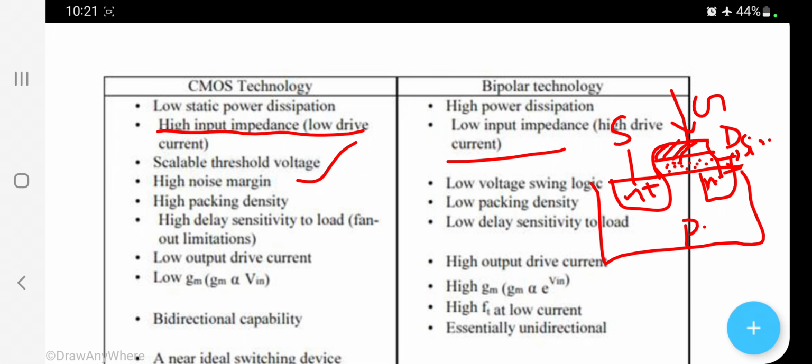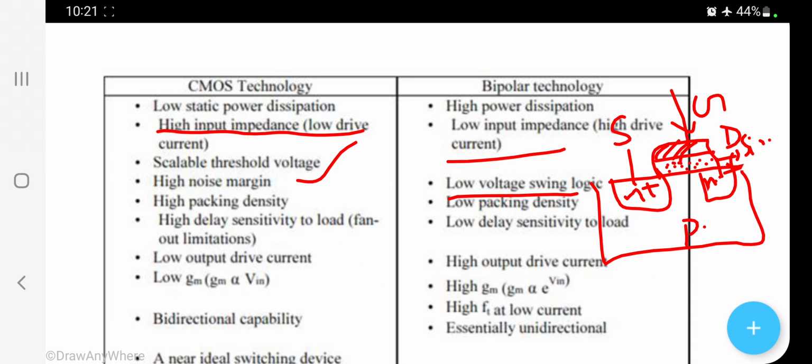Threshold voltage is the minimum gate to source voltage required to turn on the transistor. Remember, this is not the exact definition: threshold voltage is defined as the minimum gate to source voltage required to form the channel, which is scalable. As the size of the NMOS or PMOS transistor is reduced, the threshold voltage is also scaled.